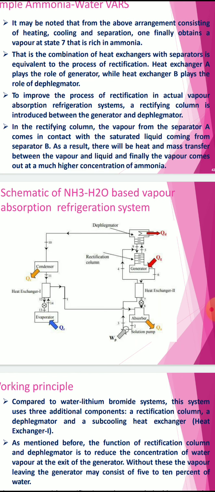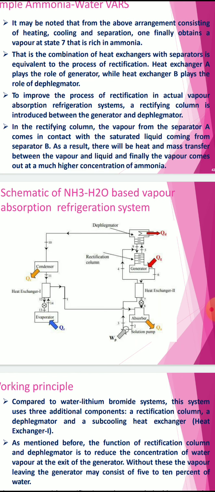The deflator will perform the same function like the generator, again with small heat. Because of that only ammonia will get separated, and water will come down and get deposited into the generator, and from the generator the water will come down through a heat exchanger and expansion valve to the absorber.